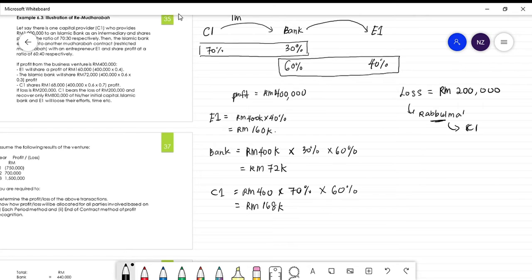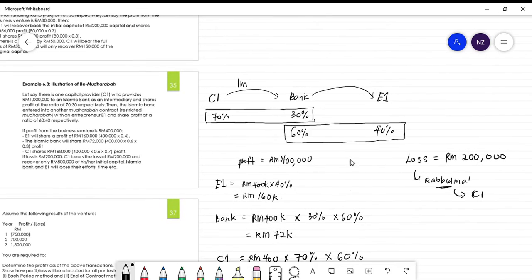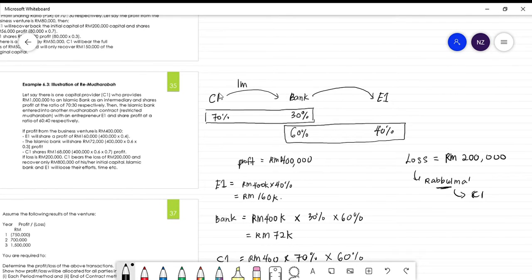Right? Because from the question we know that at first C1 provides capital of 1 million to the bank.